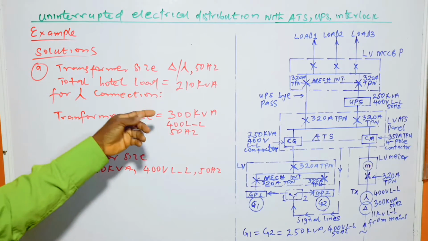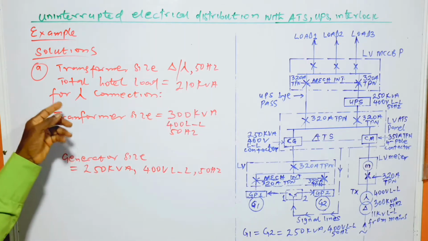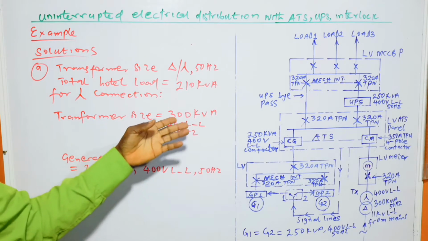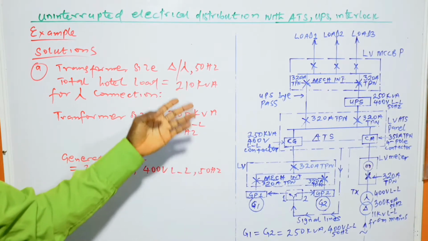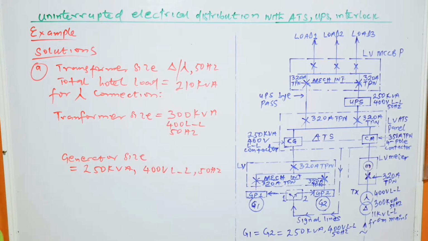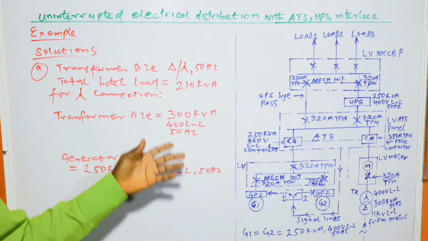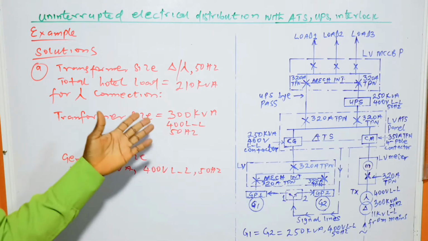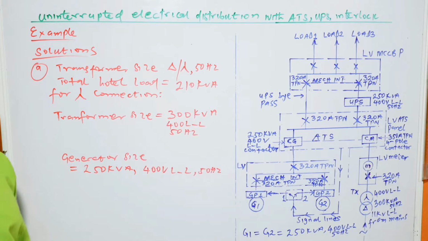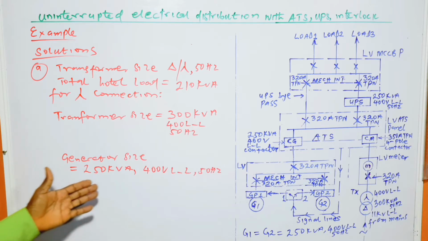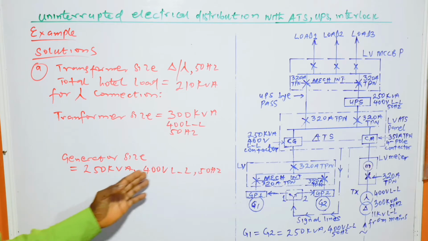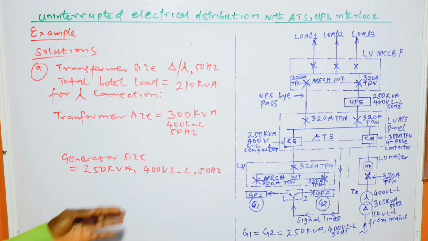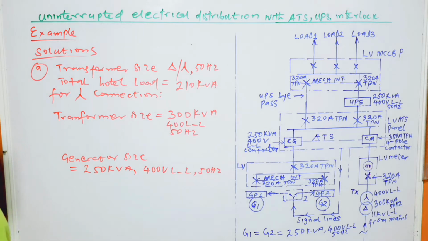So the total hotel load is 210 kVA, so the transformer size is 300 kVA. 300 kVA is higher than 210 kVA, and it also takes care of the future incremental load growth. Similarly, the generator size is 250 kVA, three-phase generator, 400 volts line to line at 50 Hz.